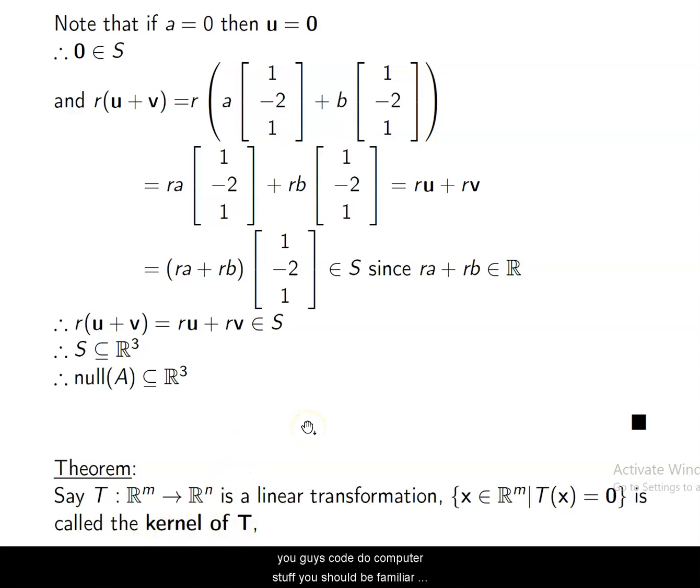If any of you guys code and do computer stuff, you should be familiar with this term kernel. It pops up in computer science quite often, okay? We notate the kernel of T as ker of T, okay? So again, null of A and ker of T basically are the same thing. One is for linear transformations. The other one is just applied to a matrix equation. Again, remember, linear transformations and matrix equations are pretty much the same thing, okay?